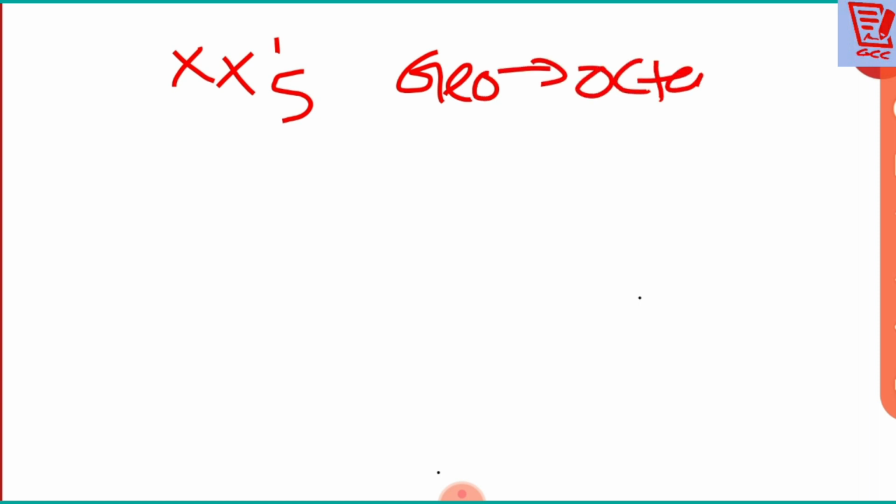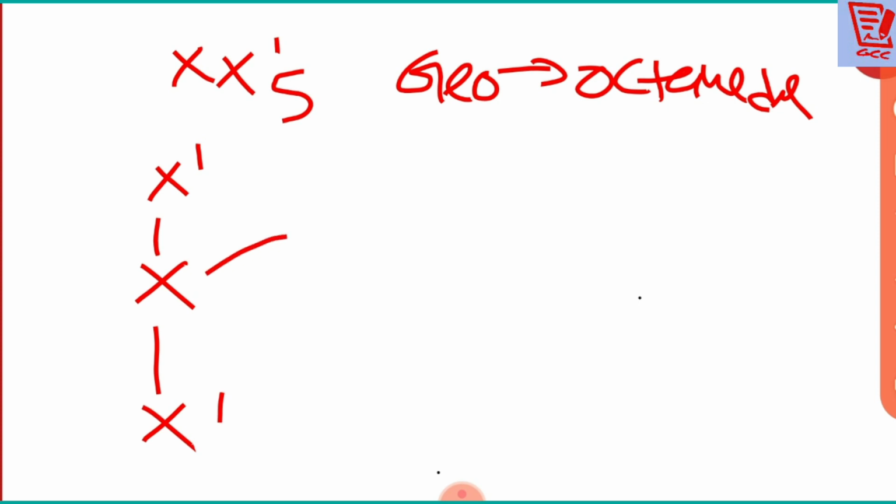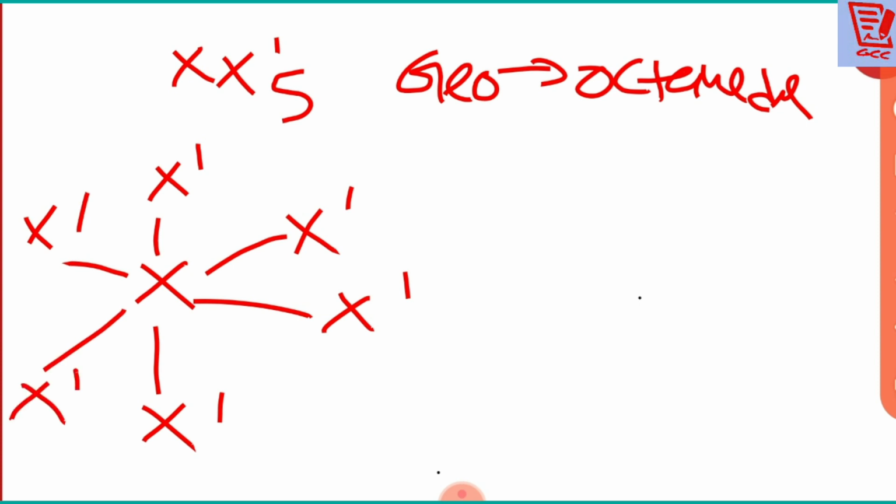Okay, then after that we are going to draw the structure for X dash 5. See what the answer was coming there? 6 was coming. So for 6, what is the geometry? Usually the geometry is octahedral. Okay, now you see please, if I am drawing this one, here is X dash, this is called octahedral structure.